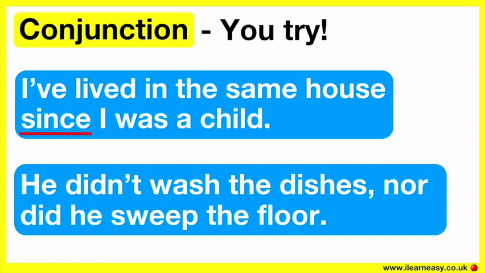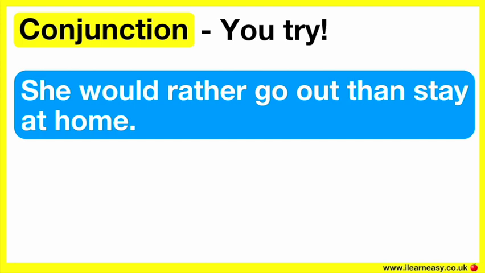The conjunction in this sentence is nor. It's a coordinating conjunction. She would rather go out than stay at home. The conjunctions in this sentence are rather than. These are examples of correlative conjunctions.